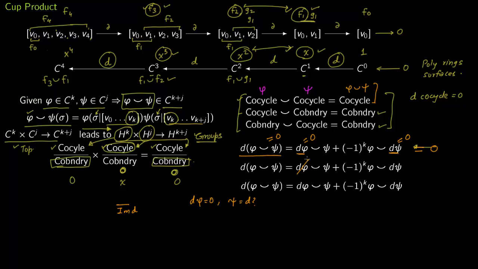So this entire term is 0. But then you have this coupled with a co-boundary, because co-boundary is always d of something. So you get a co-boundary. Similarly here, your second part is co-cycle, this is 0, so this entire term goes to 0. And you get this is equal to co-boundary of something. And that is the end of the story.